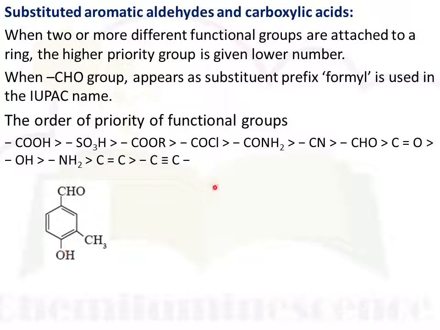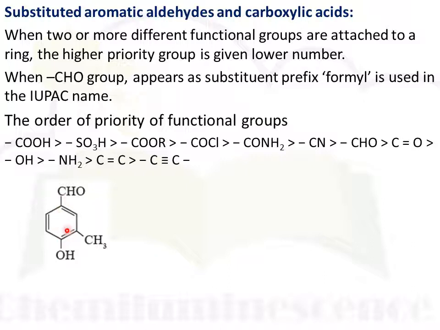Out of these 2 functional groups, if you observe the priority order, you can see that the formyl group has the highest priority as compared to the hydroxyl group. Hence, we start numbering from that carbon on which the highest priority group is present. It gets number 1, this one is 2, this one is 3 and this one is 4.